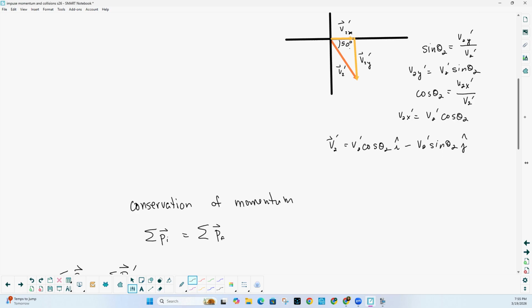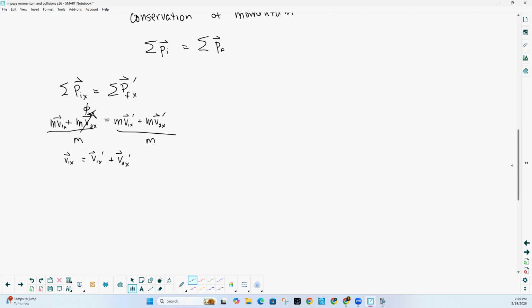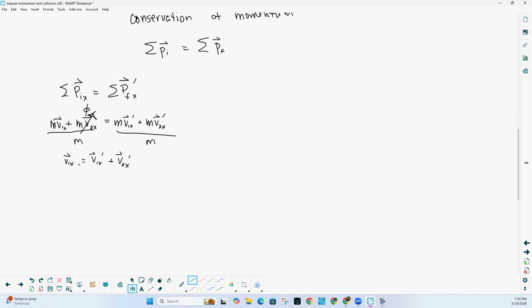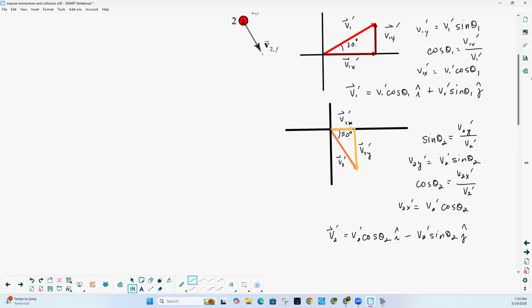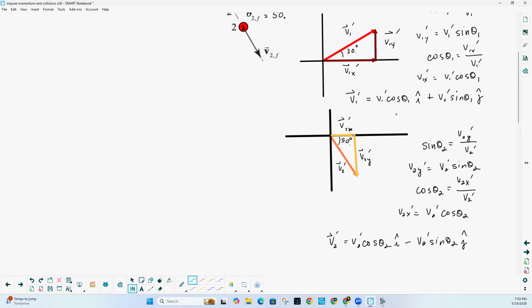Now I can substitute in the x components and get rid of the subscript x's. All right, so this is going to be v1, and that's going to be equal to v1 prime. Now the x component is going to be the cosine theta.